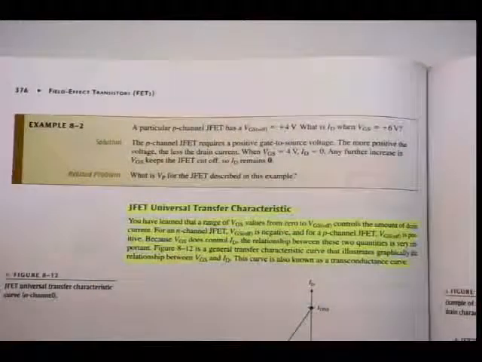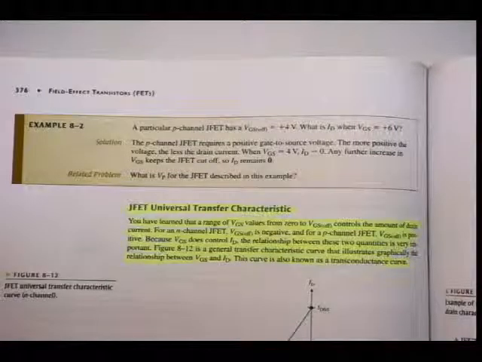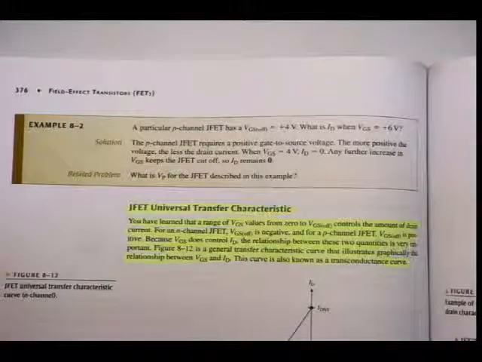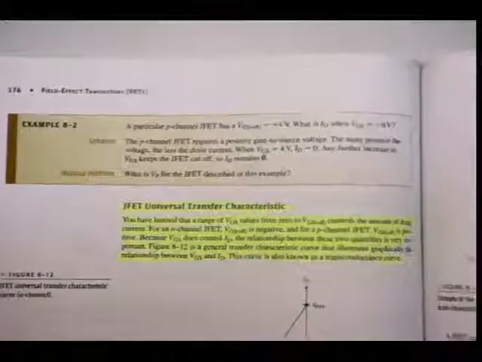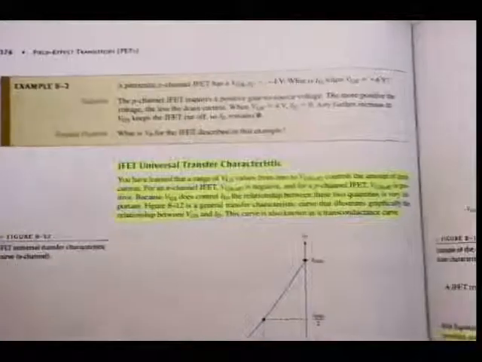It will still be off, no? So ID will still be equal to 0, but they tell you there: the P-channel JFET requires a positive gate to source voltage. The more positive the voltage, the less the drain current. When VGS is equal to 4 volts, ID is equal to 0. Any further increase in VGS keeps the JFET off, so ID remains 0. Of course. Remember that.